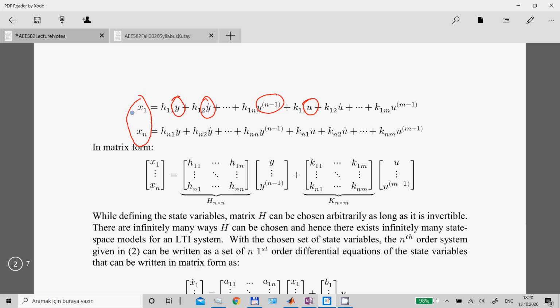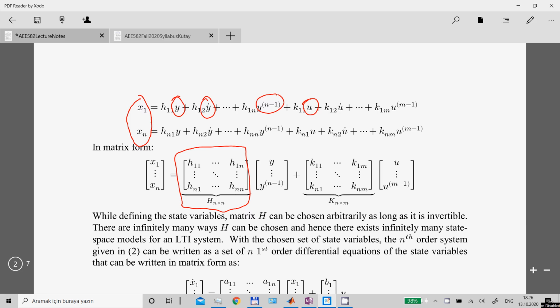That comes from the fact that while defining the state variables, you use a square matrix here. As long as this matrix is invertible, the definition you come up with by using that matrix becomes a valid state space model. And since you can write infinitely many n by n invertible square matrices, you will have infinitely many state space models for a given system.